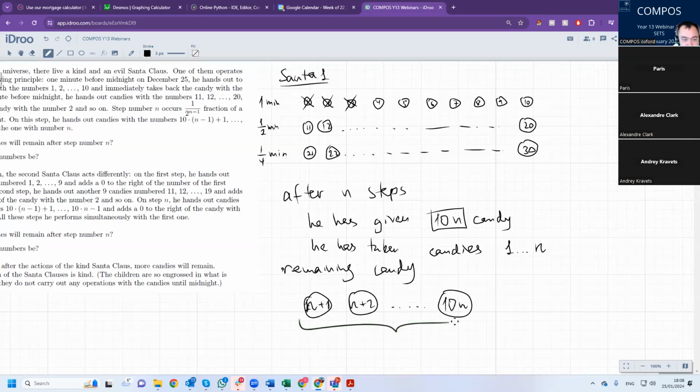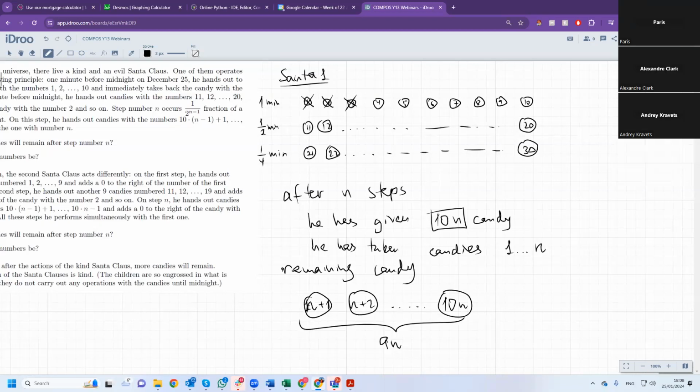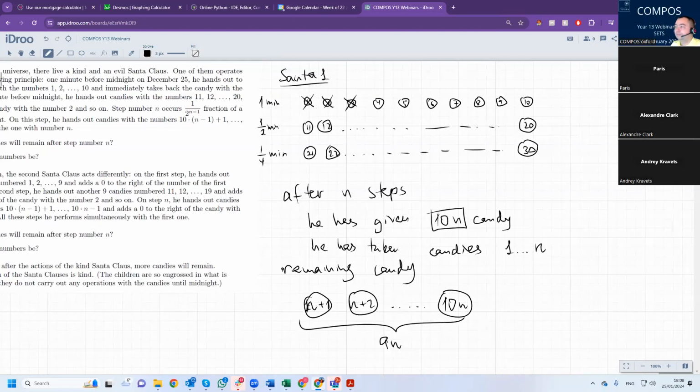And in total, how many candy do we have after n steps? 9n. Very good. Thank you for paying attention. Is everyone clear with this? Do I need to explain more? It's clear. Good.